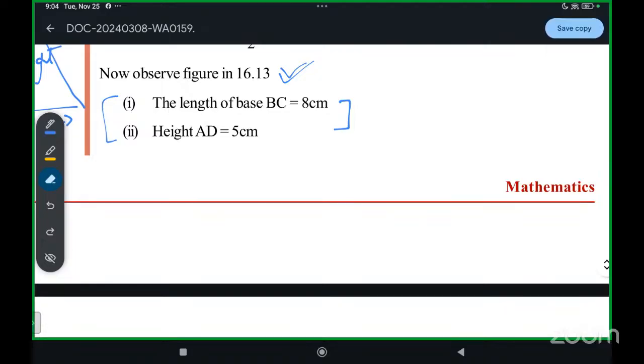Find out the area. Abraham, what is the area? Find it out and tell me.